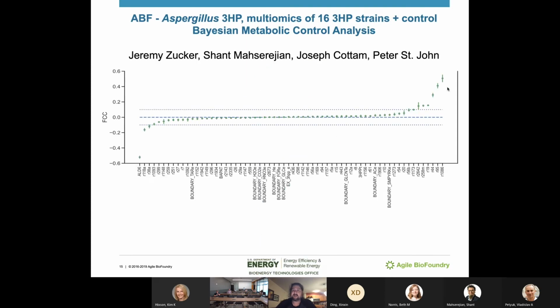Here you see that for most of the cases there really wasn't a strong flux control coefficient, but in these cases, ALD6, this reaction 118A, and these reactions over here, we had very strong flux control coefficients that we had a lot of confidence in. And so then John Magnuson and his team went back and validated those. We're still waiting to get the results, but we're waiting eagerly because we have a lot of confidence in these predictions.